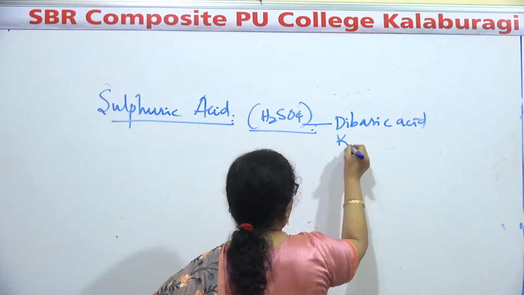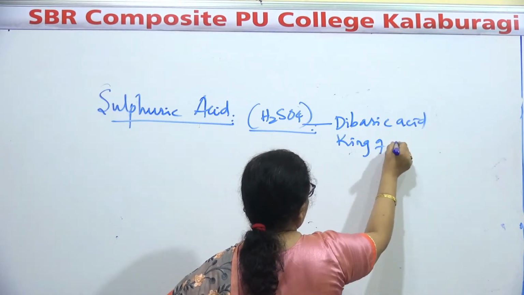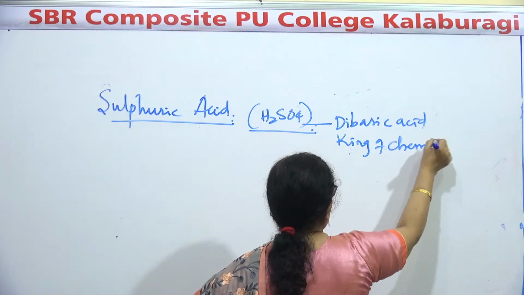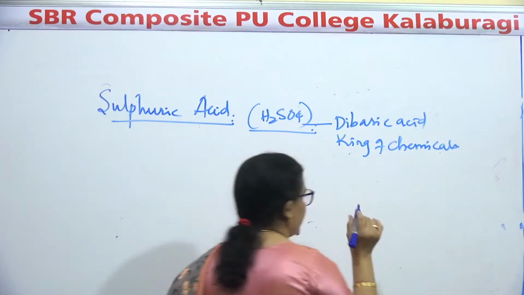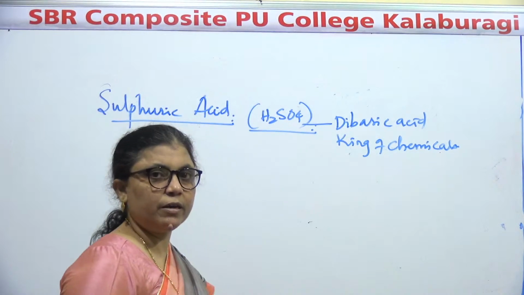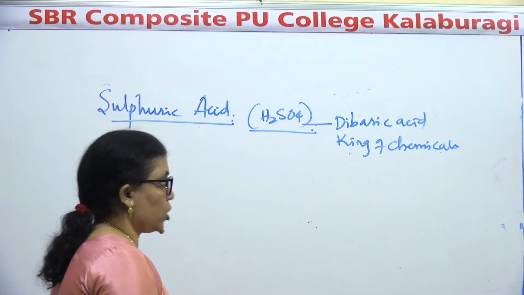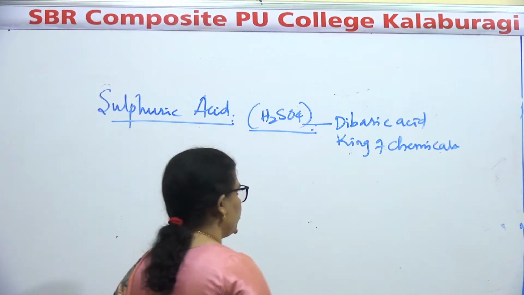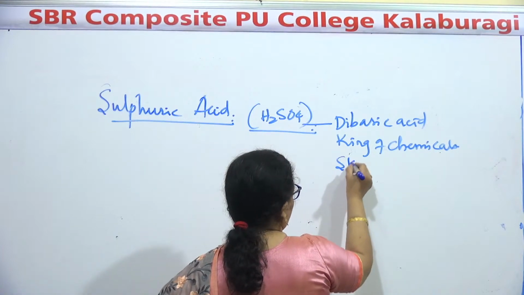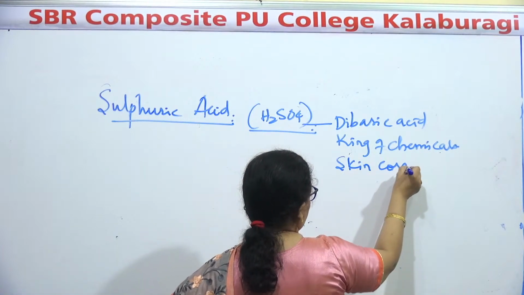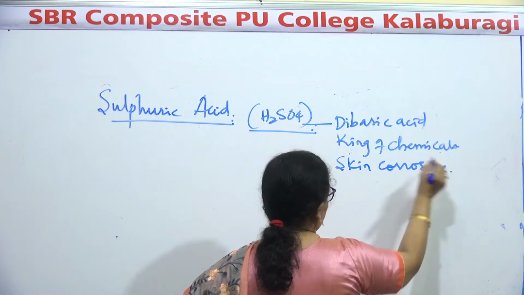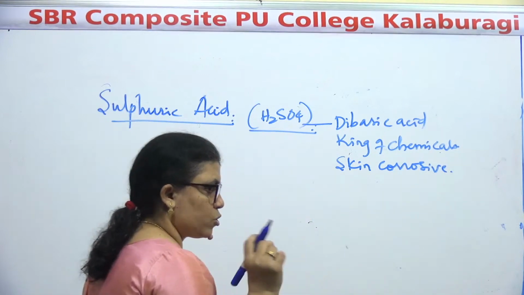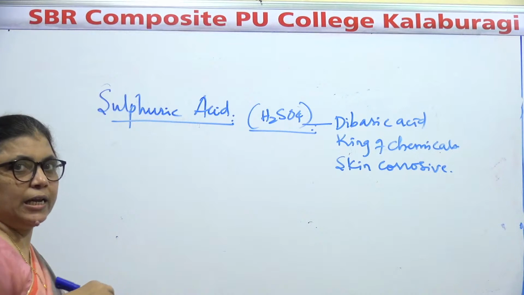Dibasic acid, king of chemicals. It is one of the important lab reagents. Sulfuric acid is an important lab reagent, but it is skin corrosive. Concentrated sulfuric acid, we should be very careful while handling in the lab.